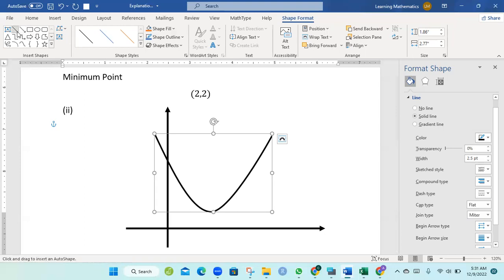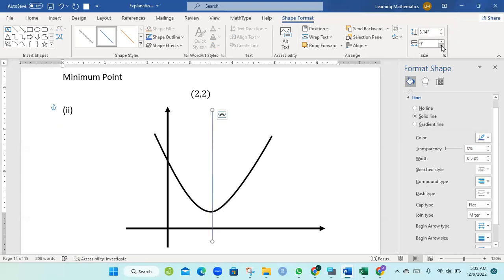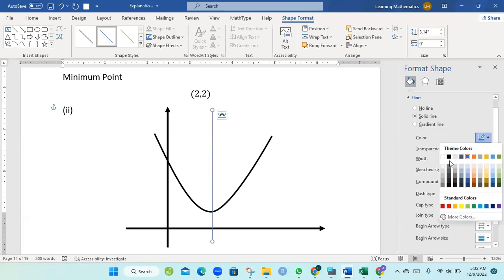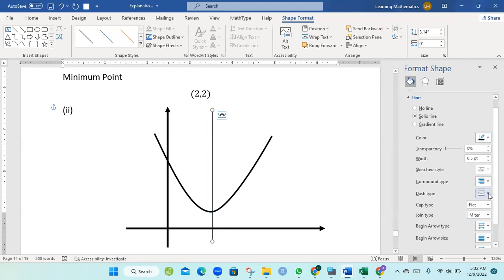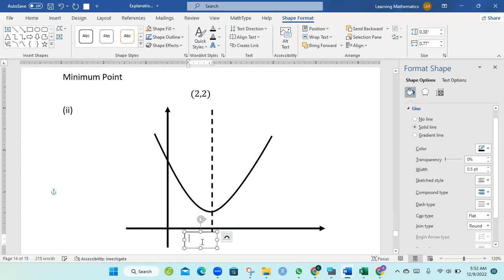Now we have to put the line of symmetry. The line of symmetry will be passing right through the center. The equation of the line of symmetry is x is equal to 2. So it will be passing through 2.